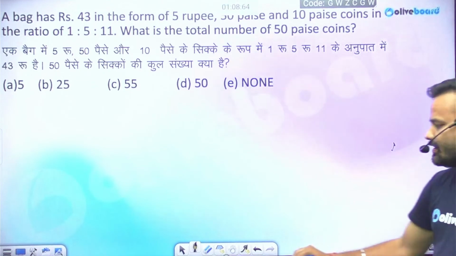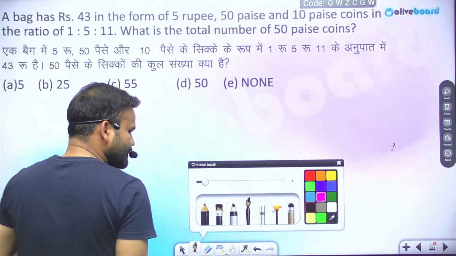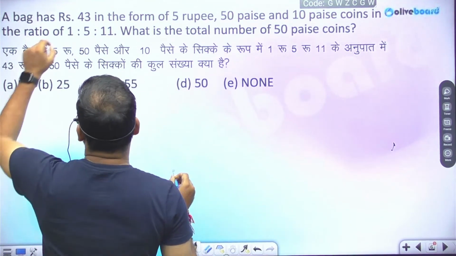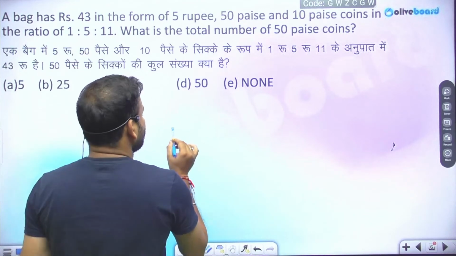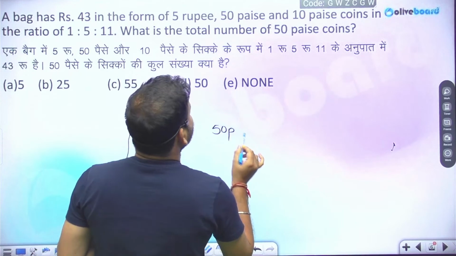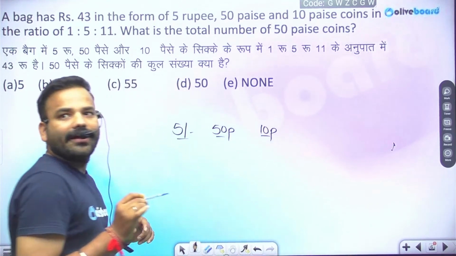Clear. See, we are having a bag, gullak, you can say piggy bank. In that bag you were having a sum of rupees 43, and you collected what? 5 rupee coins, 50 paise coins and 10 paise coins. You were having 3 types of coins in that bag.